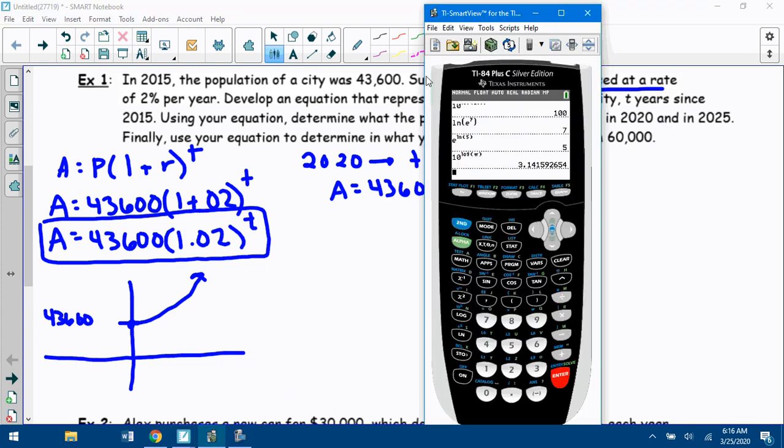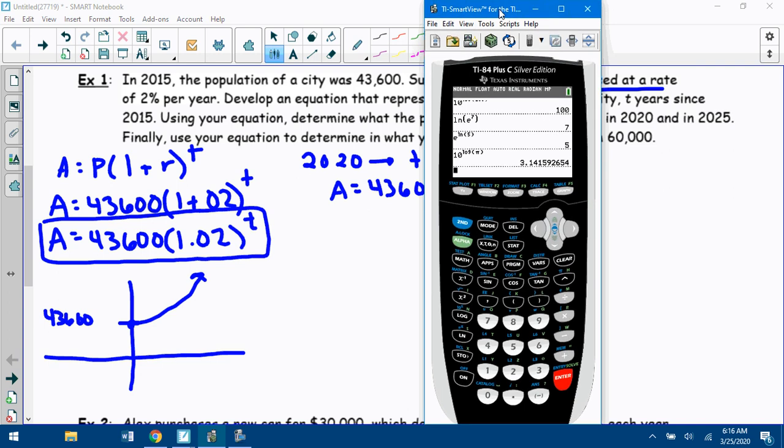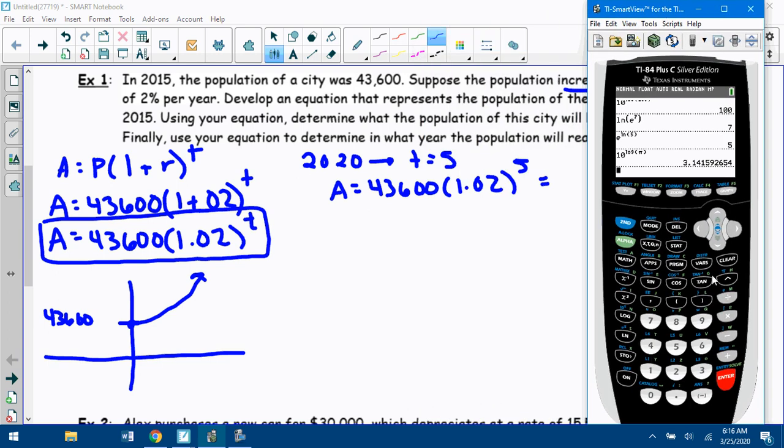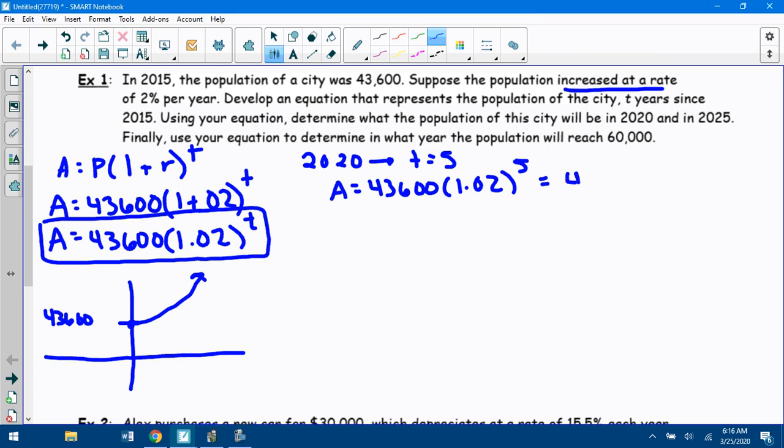We go to our calculator. 43,600 times 1.02 raised to the 5th, and I get 48,137.9, so we'll just round it up, 48,138 people.